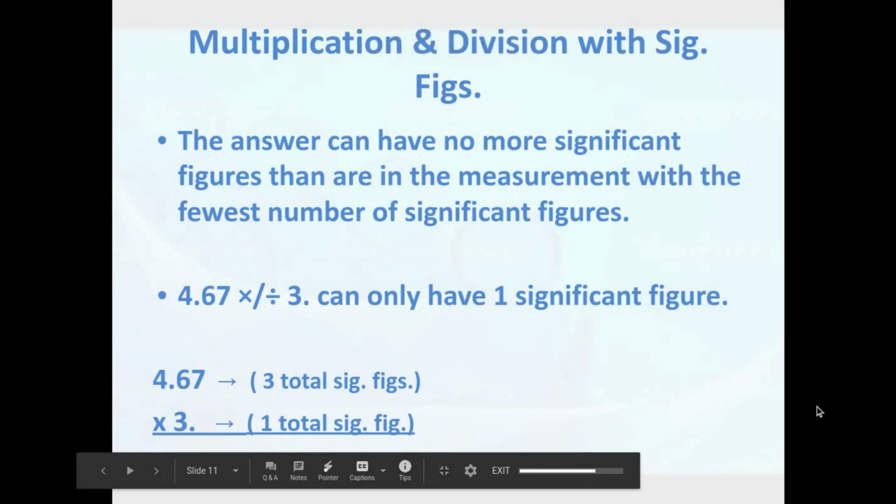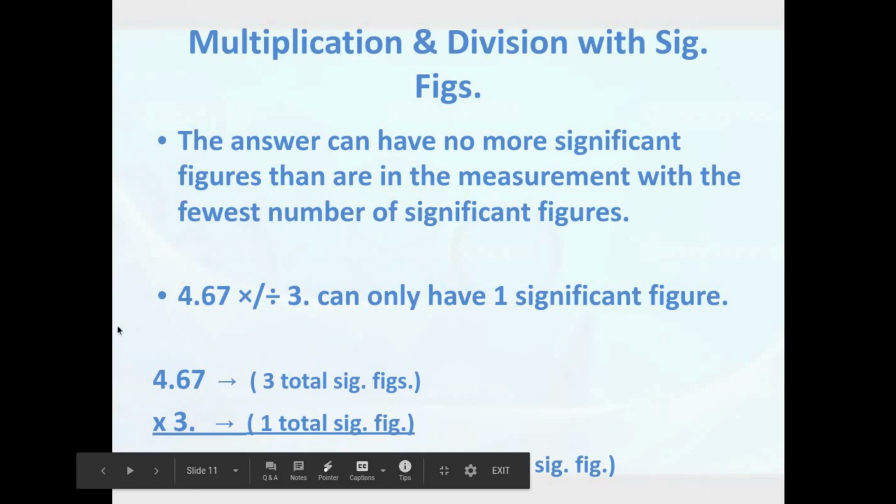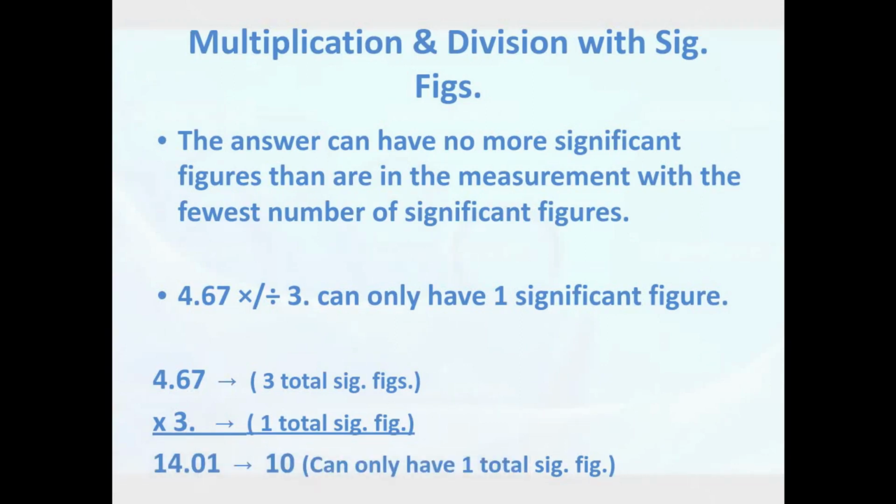Now if we're looking at multiplying and dividing with significant figures, we're going to look at the total number of significant figures in the number. So if we start out with 4.67, that has a total of 3 significant figures.